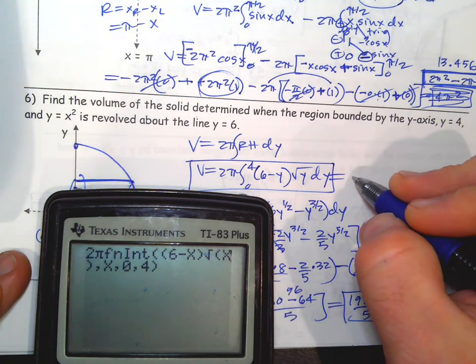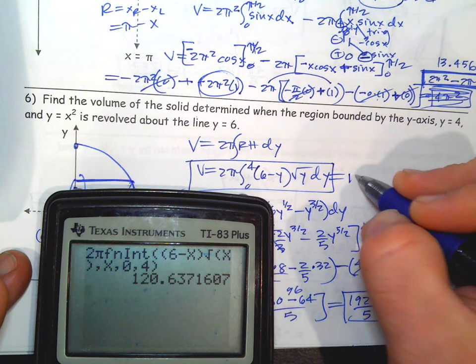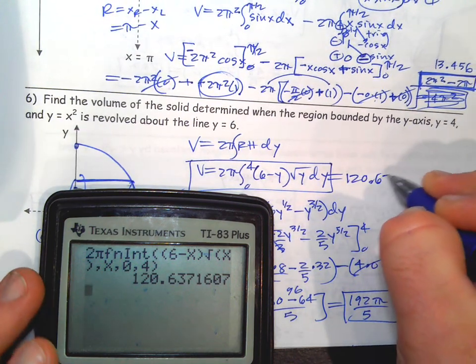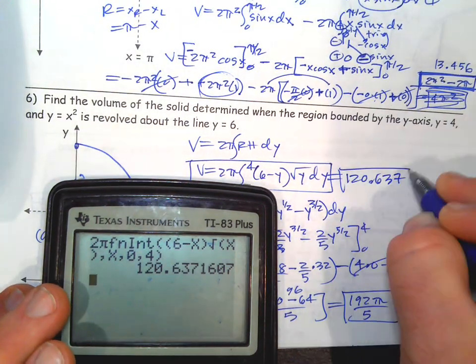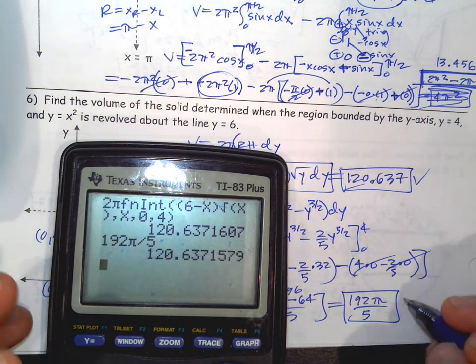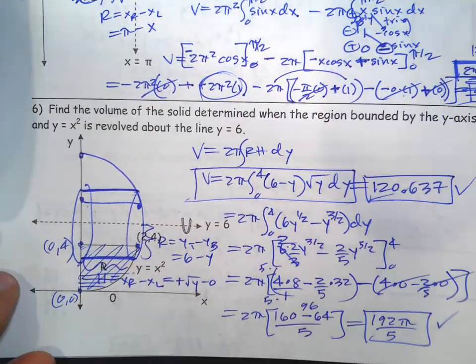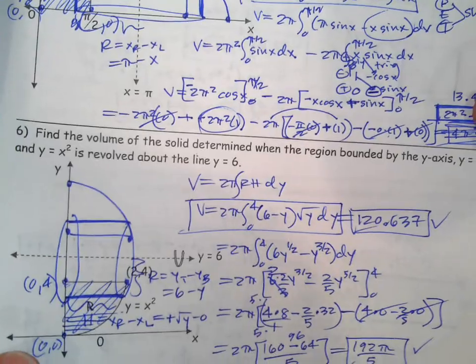By calculator, we get 120.637, which is what we got the other way. And 192 pi divided by 5 is the same thing. We did it. Hopefully you become a master at washers and shells.